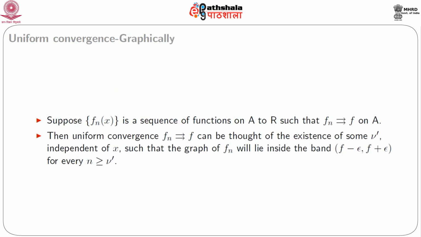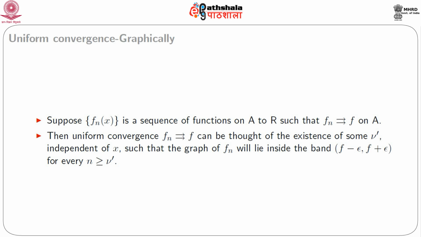So, let us start some graphical illustration of uniform convergence. Suppose f_n(x) is a sequence of functions on A to R such that f_n converges uniformly on A. Then uniform convergence can be thought of as the existence of some ν' independent of x such that the graph of f_n will lie inside the band f minus ε up to f plus ε for every n greater than or equal to ν'.